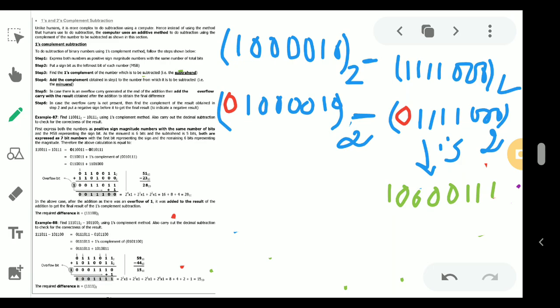So this becomes the ones complement of the second number. Then we have to add this number with the first number, that is 0 1 0 0 0 1 0.